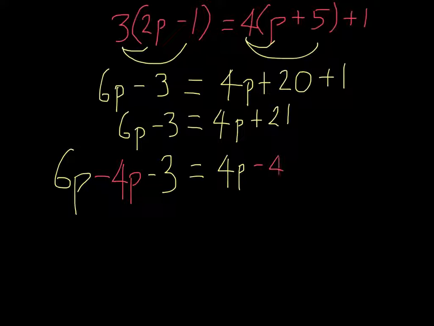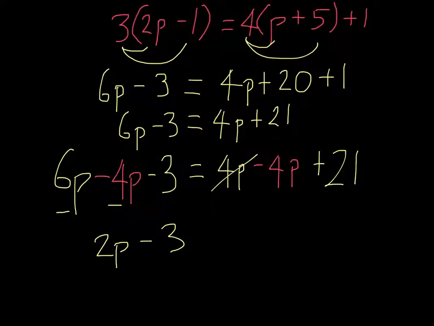take 4p plus 21. So in this case, you can see that 6p take away 4p is going to give you 2p. Take 3, in this case 4p take away 4p will cancel out, leaving you with positive 21. We'll then need to add 3 to both sides to then cancel out the negative 3.